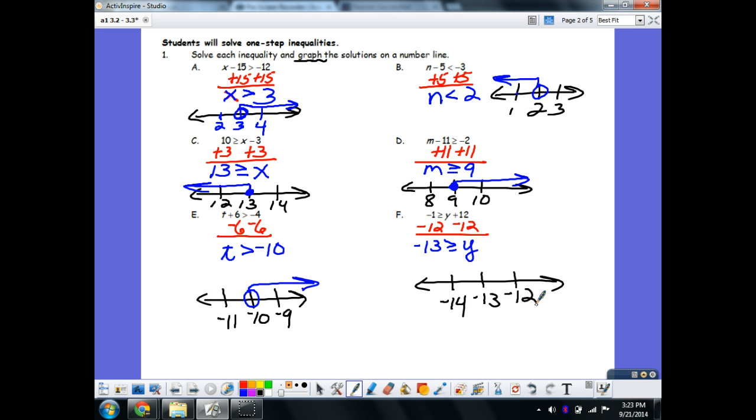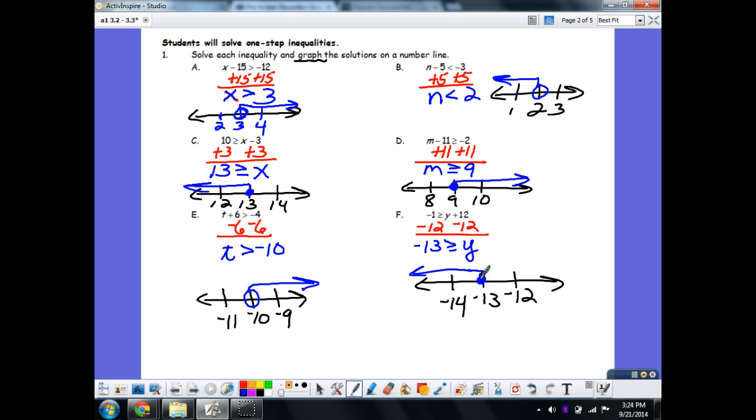Negative 12 would go on the right. Be careful, make sure that they are in the right order. And in this case, we would have a closed circle at negative 13. And again, picking a point, say negative 14 to test. Negative 13 is greater than or equal to negative 14. So that is the direction we shade.